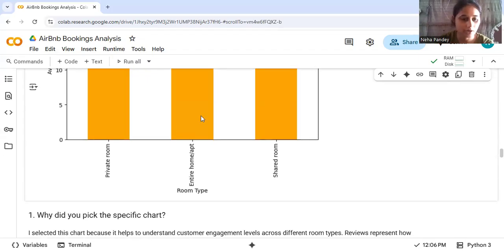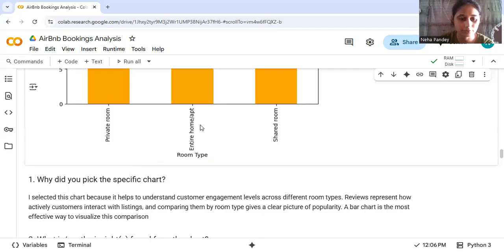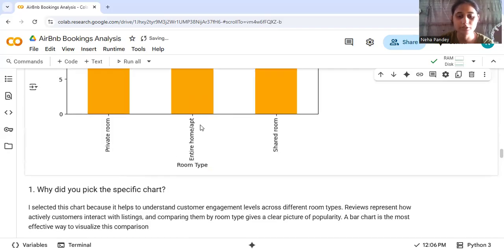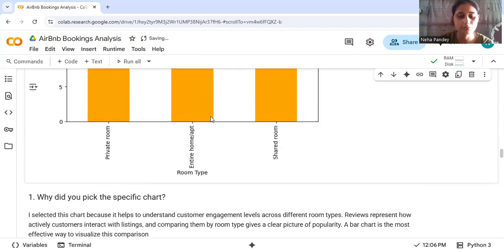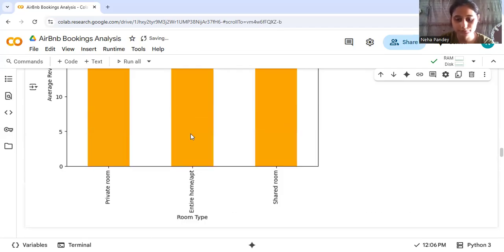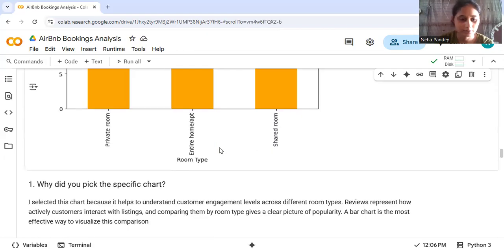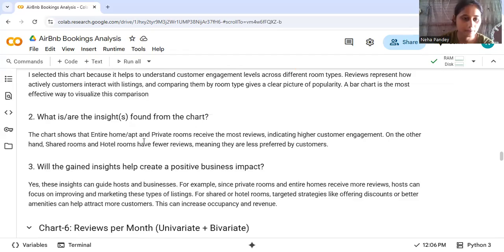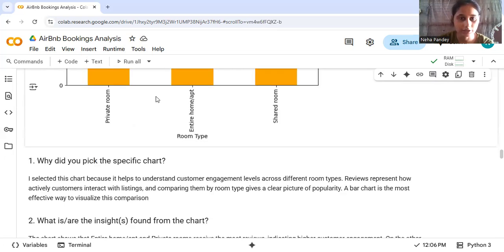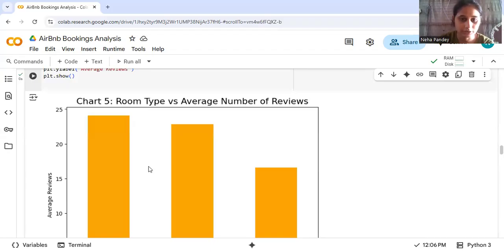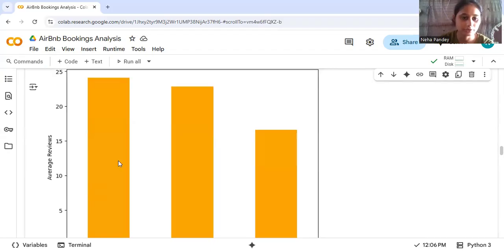Reviews represent how actively customers interact with listings, and comparing them by room type gives a clear picture of popularity. The chart shows the entire home and private room receive the most reviews, indicating higher customer engagement.